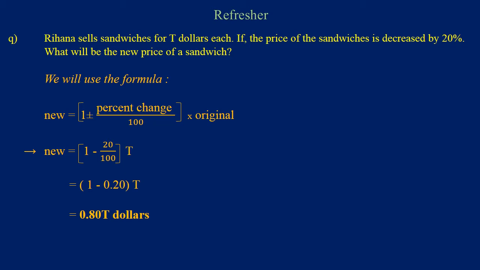For that we are going to use the formula: the new value is equal to 1 plus or minus percent change divided by 100, into the original. Since the price has been decreased, we subtract 20 over 100 from 1, and the original price of the sandwiches is T, so we write it as is. 1 minus 0.20 times T is equal to 0.80T dollars. So it is 80% of the original price, right?